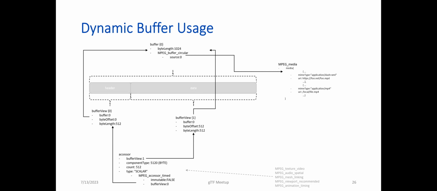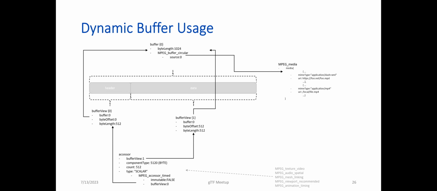So that's one configuration, but there are other cases where pretty much everything can be dynamic. If you're dealing with a dynamic point cloud, then in one frame you might have 100K points, and the next frame you can have 110K points. And you need to be able to describe these changes for every frame with every frame buffer.